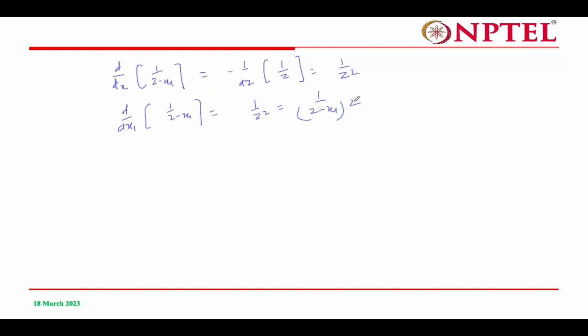Now coming to the previous equation, V1 bar equals 1 by 2 minus X1 plus X2 by 2 minus X1 square.